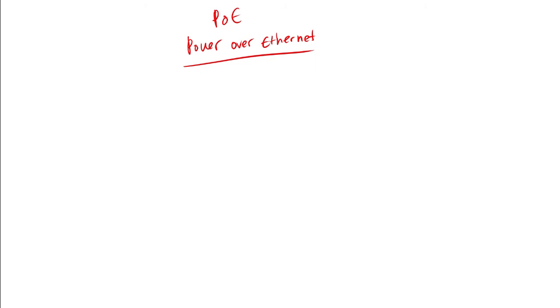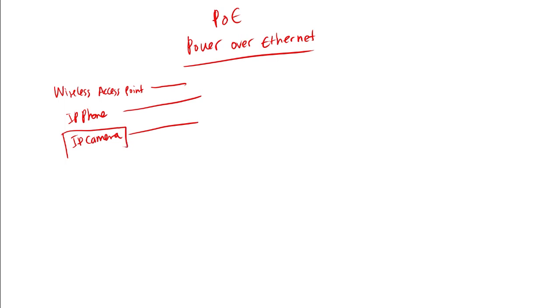So the details are, say I have an office. I might have a wireless access point, IP phone, IP camera, and each of these needs Ethernet, and it needs power.